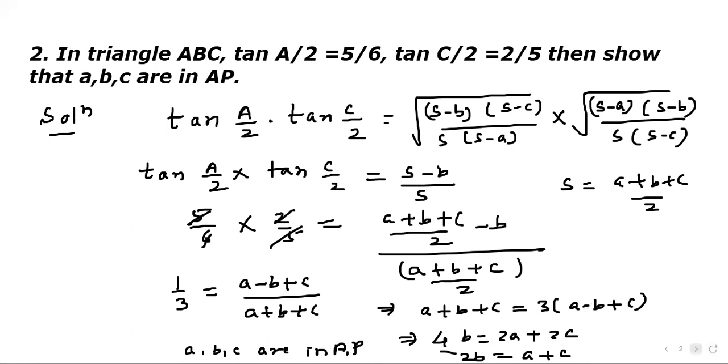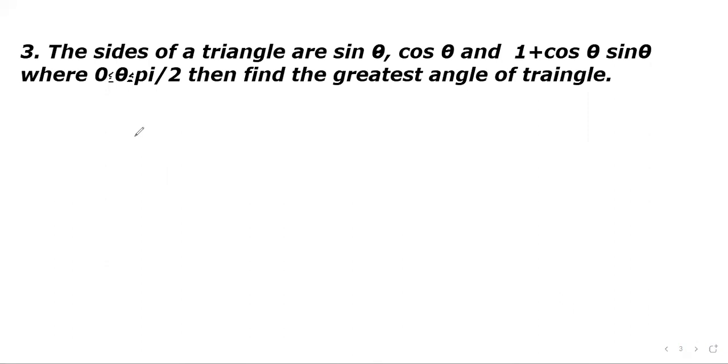Next question. Question number 3. If sides of a triangle are sin θ, cos θ, and square root of 1 + sin θ cos θ, where 0 ≤ θ < π/2, then find the greatest angle of the triangle.